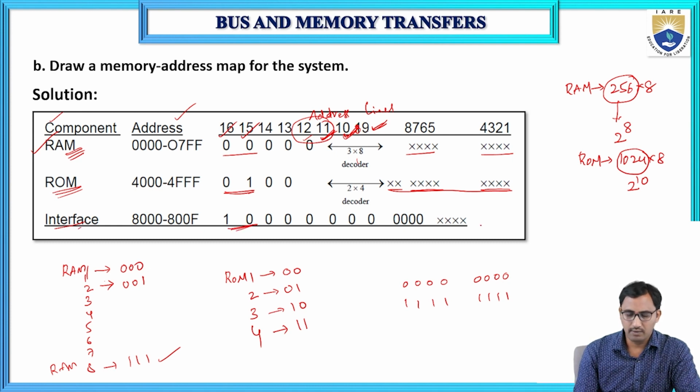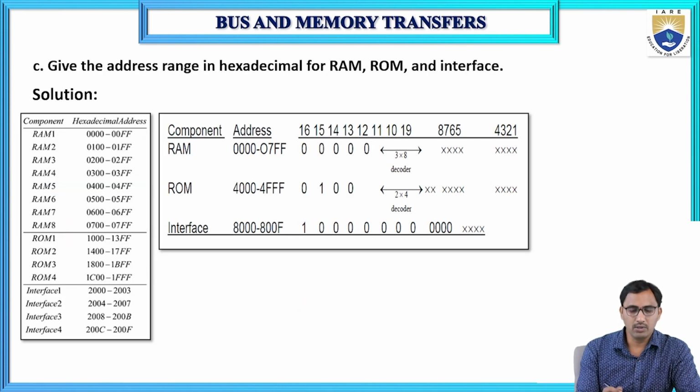Here we have 4 interface registers, so 1 to 4 we are using for the interface. So this is the memory address mapping of the system. Coming to the next part: give the address range in hexadecimal for RAM, ROM, and interface.